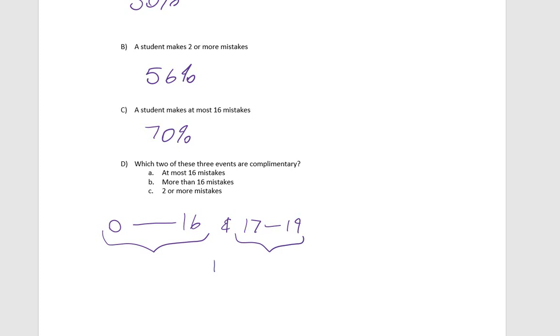The question is, if I add these together, do I get all the possibilities? And the answer is yes. So these 2 are complements. When you put them together, you get everything.